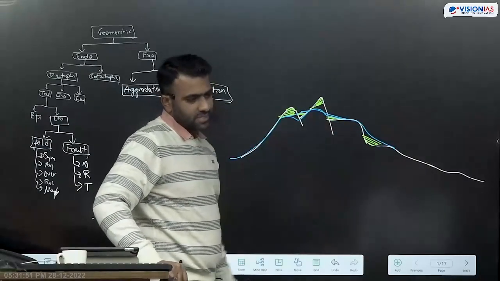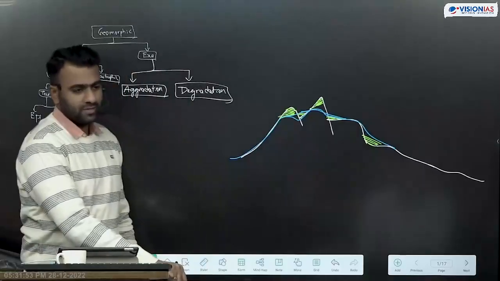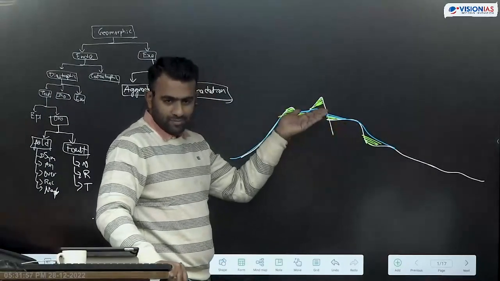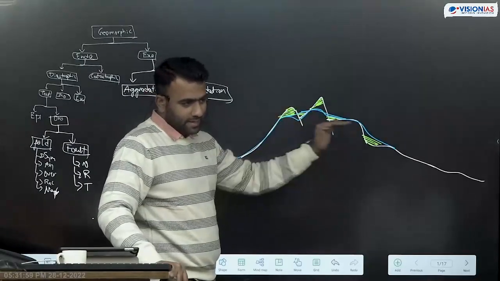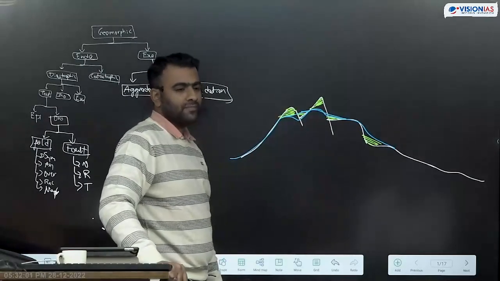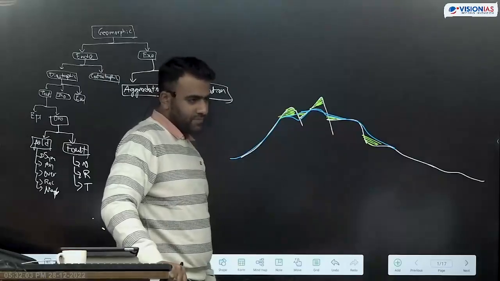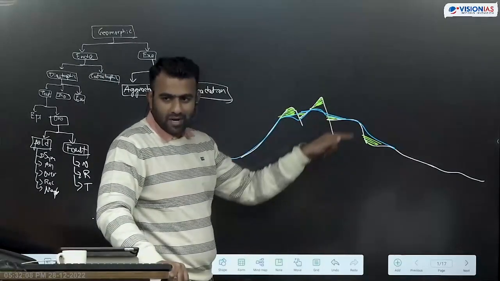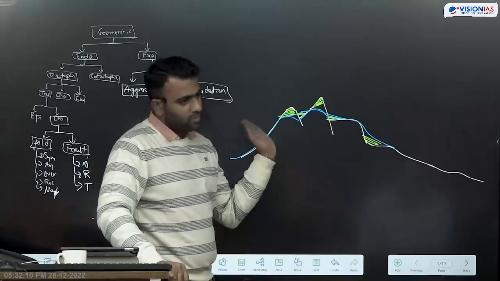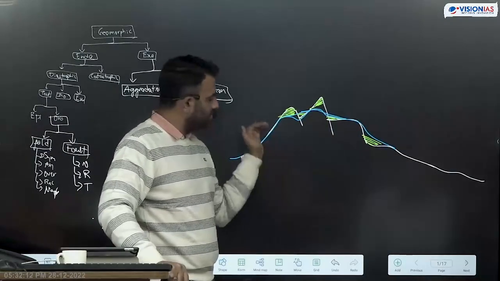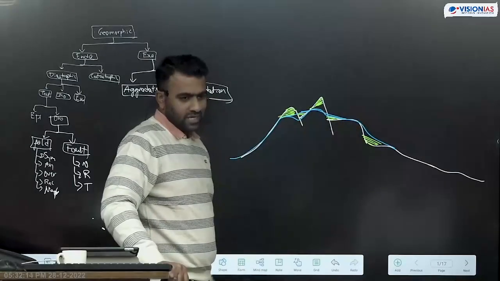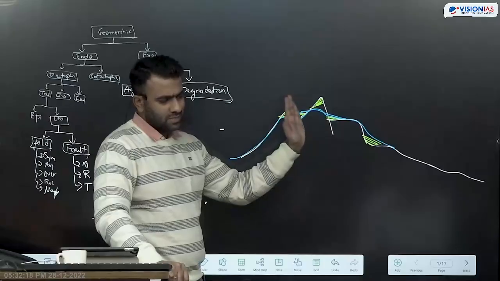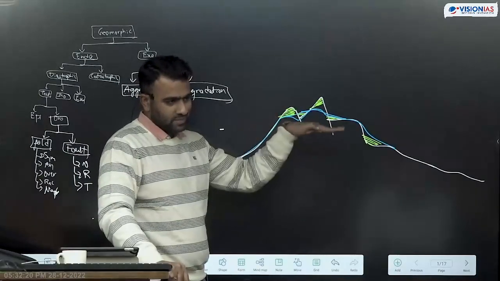That part is called aggradation, because of the filling up of the material removed from another place, the land gets leveled. Removal is degradation. Once removal happens, it has to be deposited somewhere. It will get deposited in the low-lying area. Wherever there is a very low-lying area, it will go and deposit there. That deposition is aggradation. It creates leveling.